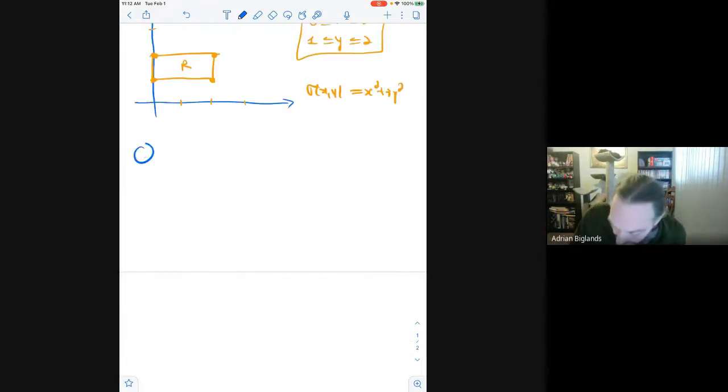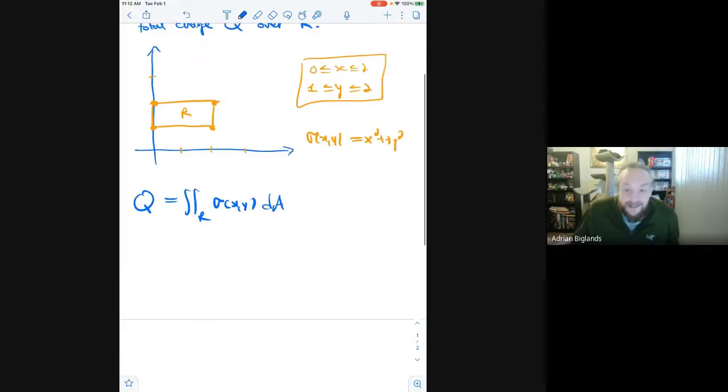So in our case, the total charge Q is equal to the double integral over the rectangle of our charge density, dy dx, or dA you can call it, I guess. And because we set it up ahead of time, we now know what our region is and how to describe our region.